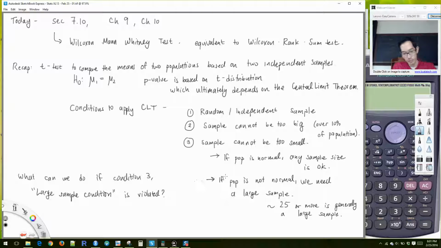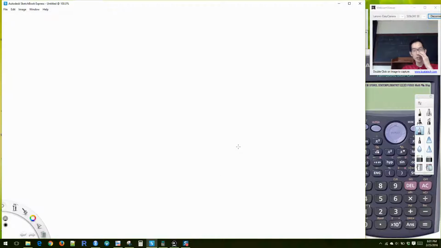Okay, so basically if this condition is violated, then we cannot use the central limit theorem. And if we can't use the central limit theorem, we can't use the normal distribution, and all of this stuff essentially falls apart. Okay, so the Wilcoxon Mann-Whitney test or the Wilcoxon rank sum test falls under this category of nonparametric statistics. Okay, and so there's an entire field called nonparametric statistics.